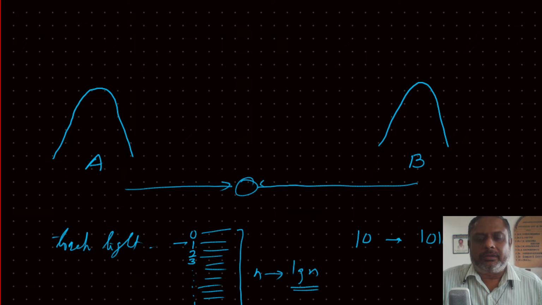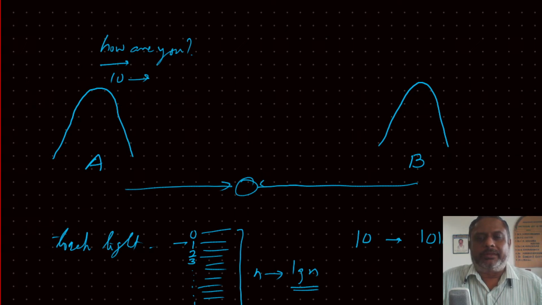The question may be, how are you? The code for how are you may be 10. So if this person wants to ask how are you, he has to send a 10 to the other side.